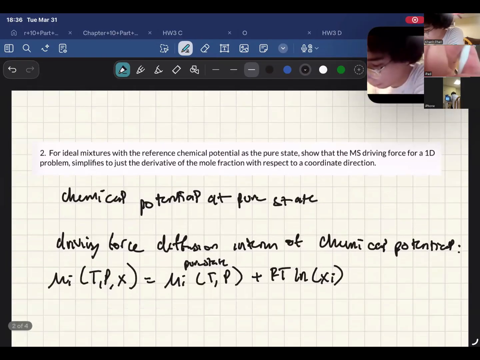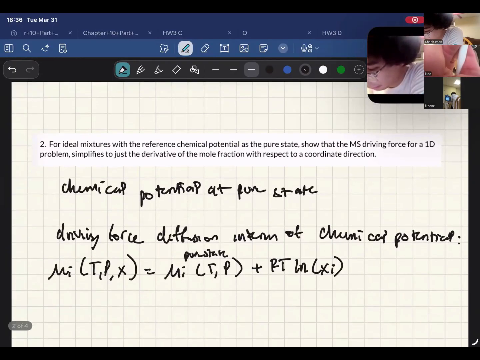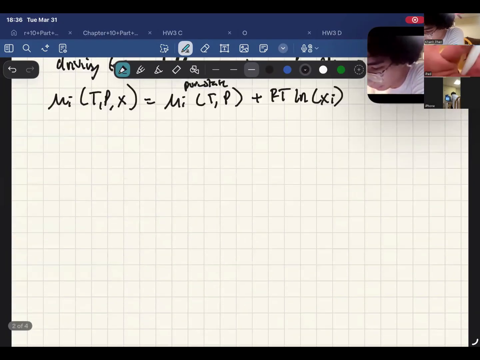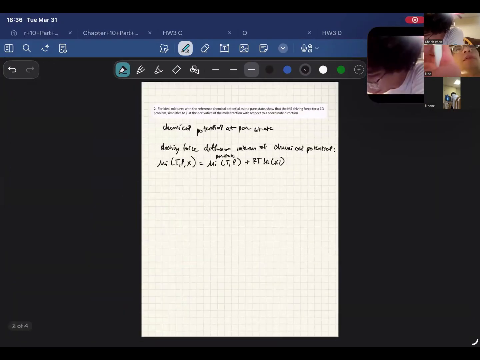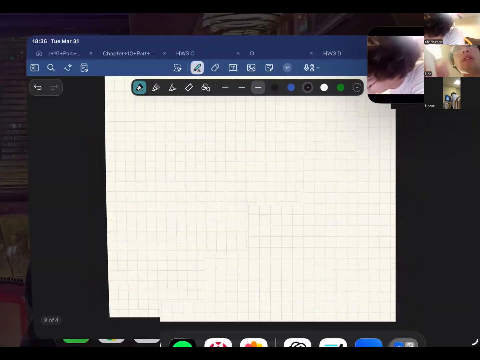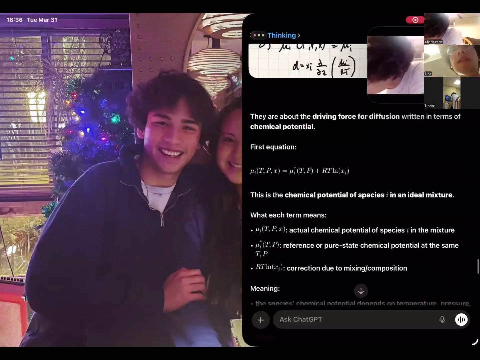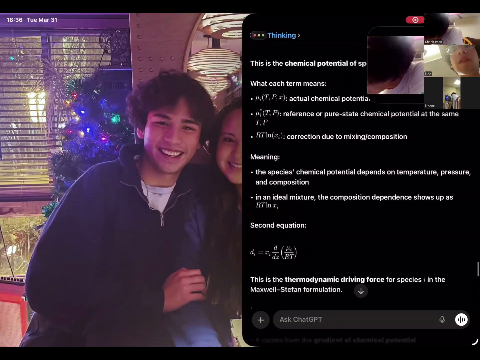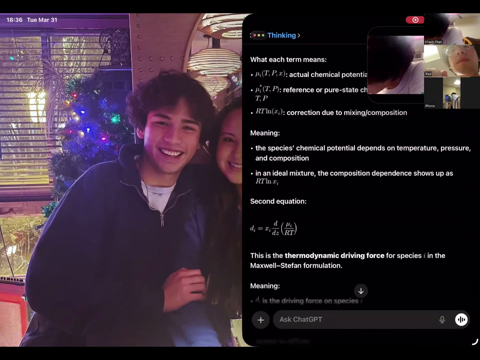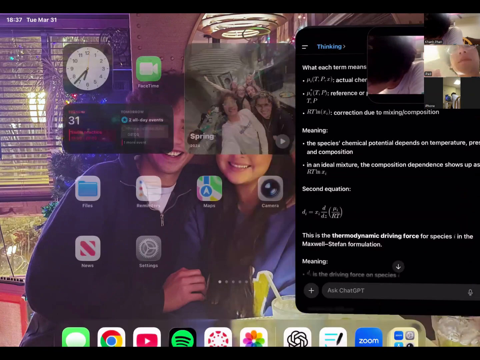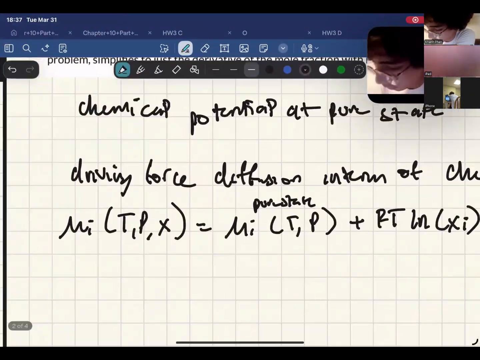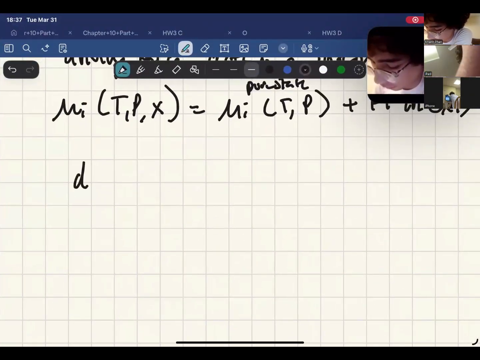Now, from the previous Maxwell potential equation, we have our driving force written in this formula.